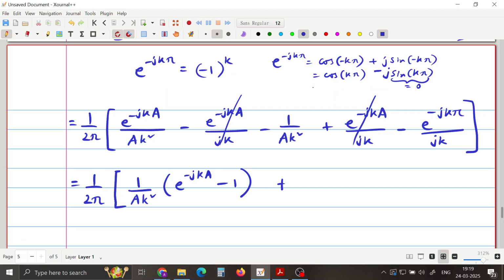So we are left with cos k pi, and cos k pi is the same as minus 1 to the power k. For all even integer values of k, cos of k pi will be plus 1, whereas for all odd integer values of k, cos of k pi will be minus 1. So it will keep alternating between plus 1 and minus 1 depending on whether k is even or odd. So this is simply minus 1 to the power k.